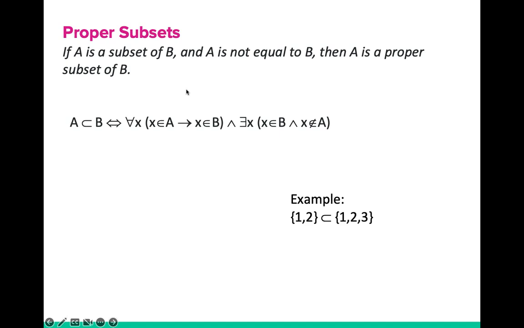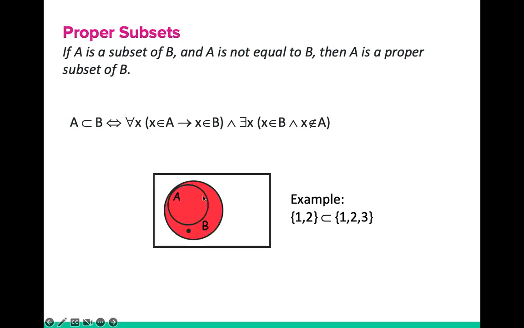So we have A is a proper subset of B. We can rewrite it in this form. For all x, if x is in A, then x is also in B. And there exists some element x that is in B, but is not present in A.